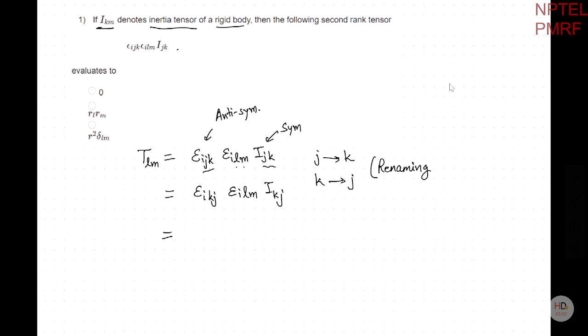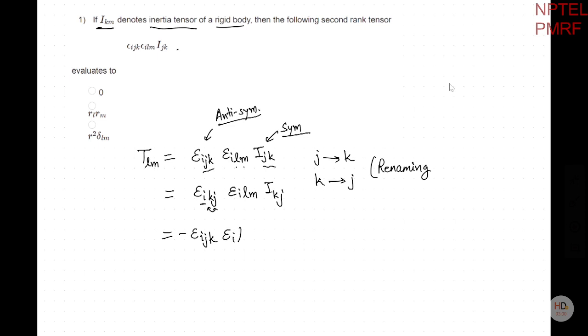Now we use properties of symmetry. This is anti-symmetric, which means if you switch the positions of two components, you get a negative sign. So epsilon_ikj would be negative of epsilon_ijk. We are fixing i and switching these two, so I get a negative sign.